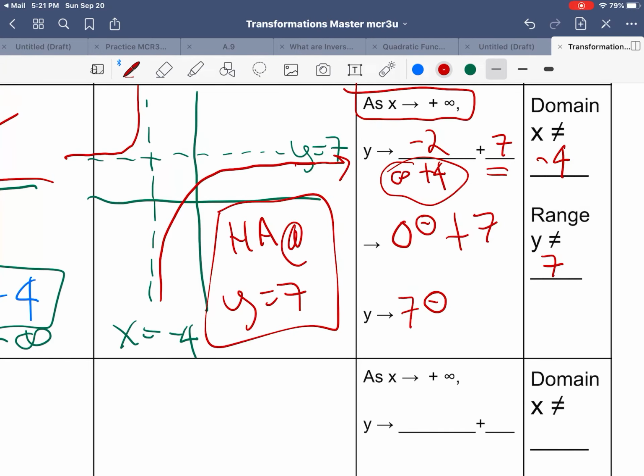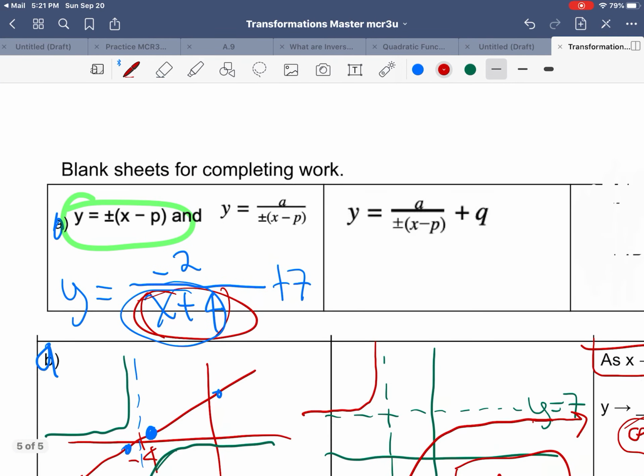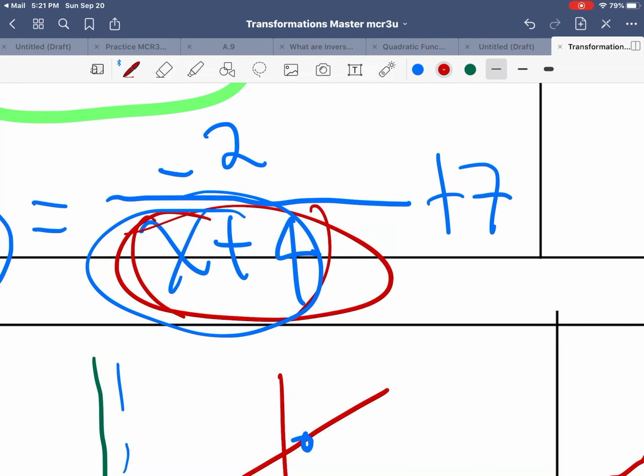Why is that? Well, if we look at our equation, I'm going to put a highlighter around this part. If you notice, that part can never be worth 0. There's no way to get 0 there. That's always going to be worth something, even if it's something really, really small, because negative 2 divided by something is always going to have some value.